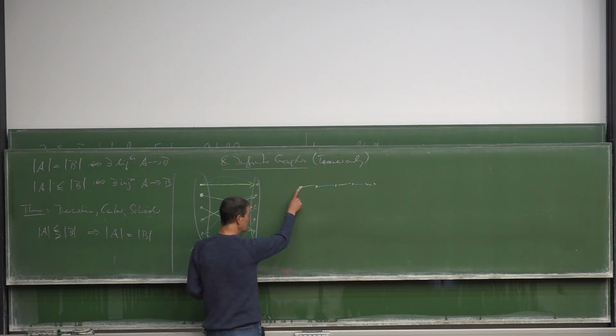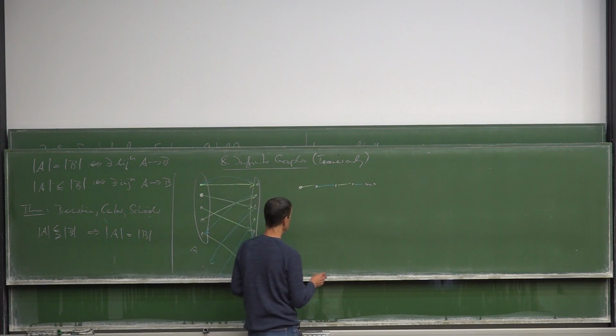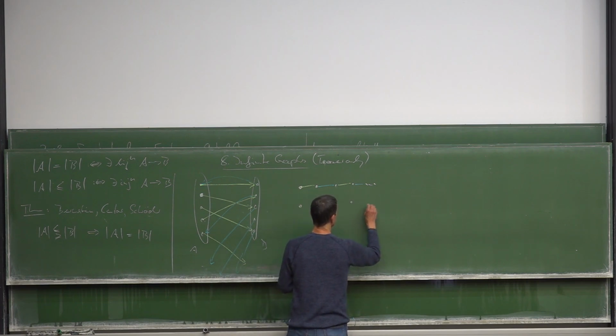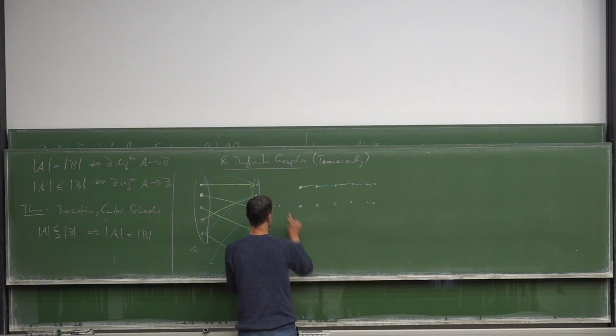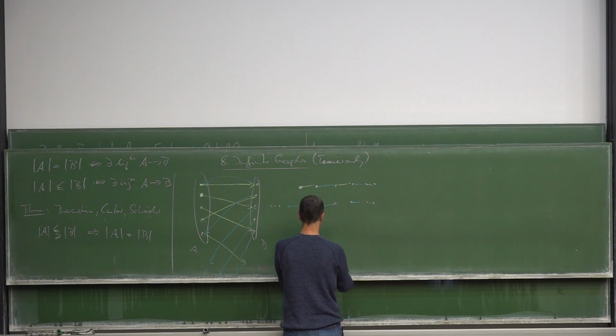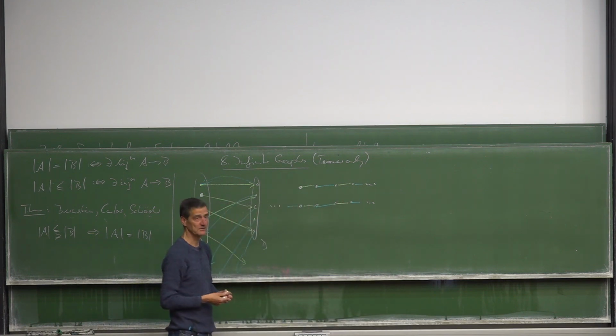But then this might have been the recipient of a blue edge. So we would also have two-way infinite paths as components, possibly.